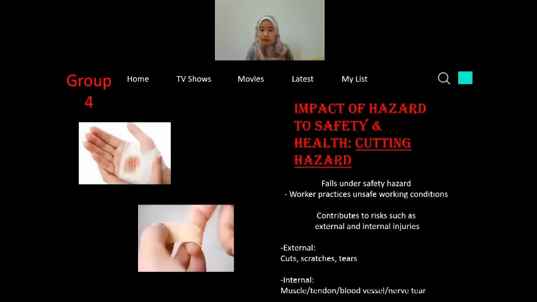The unsafe working conditions can be not wearing proper safeguard or mindlessly handling machinery, and it contributes to risks such as external and internal injuries. External injuries include cuts, scratches, and tears, whereas internal injuries are more of a major injury. They include muscle, tendon, blood vessel, and or nerve tear.